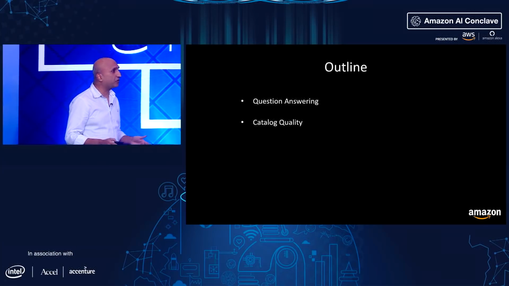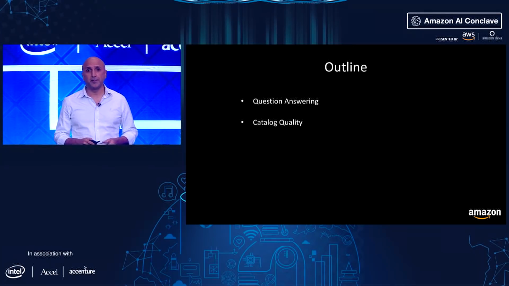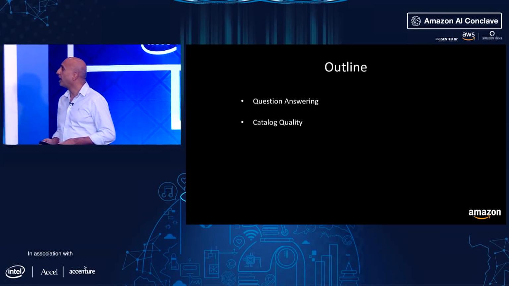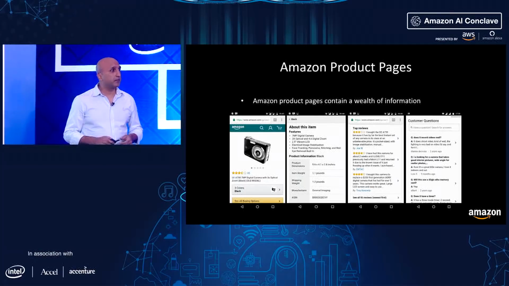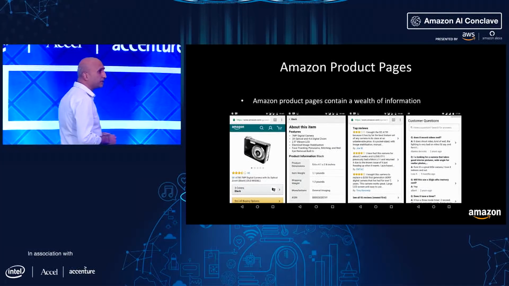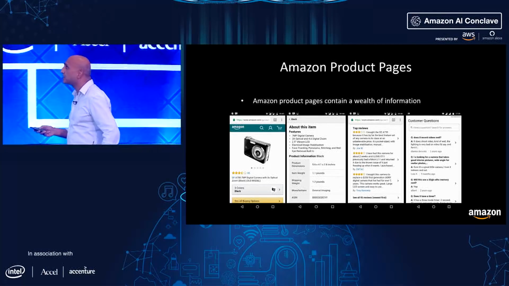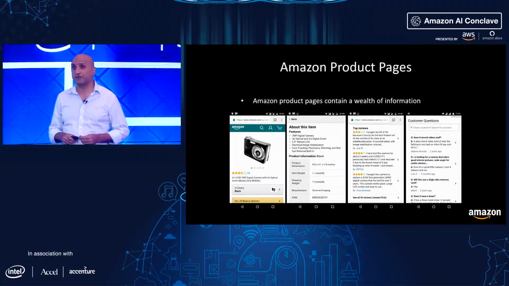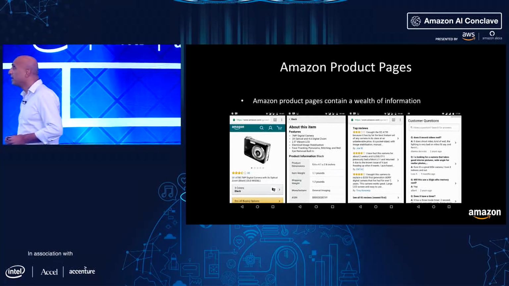Now, for the rest of my talk, I'm just going to dive deeper into 2 specific topics: question answering and catalog quality. Both of these are projects within my team. Now, the motivation here is that Amazon product pages contain a wealth of information. We have product descriptions that contain information about product specifications like battery life, camera megapixels, and so on.